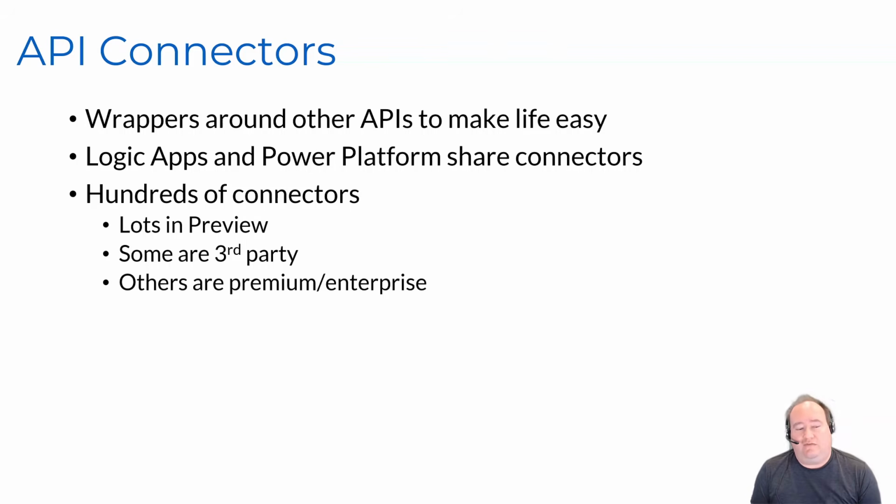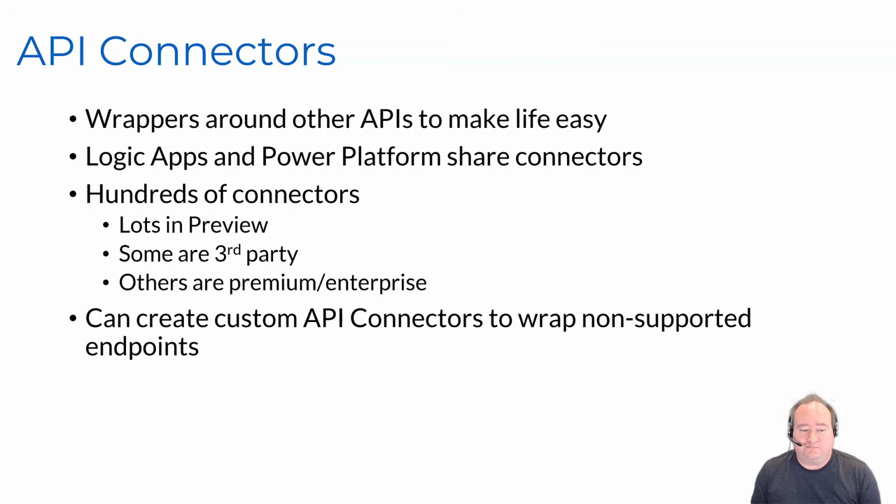And then you have some other connectors that are premium and enterprise grade connectors. So your SAP connector, IBM connectors, connectors like that, are going to be considered premium, and they do have additional cost. If they don't have a connector for an API you need to interact with, you can create your own custom API connectors.